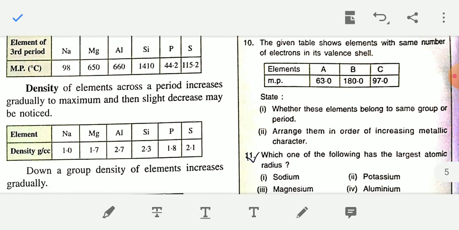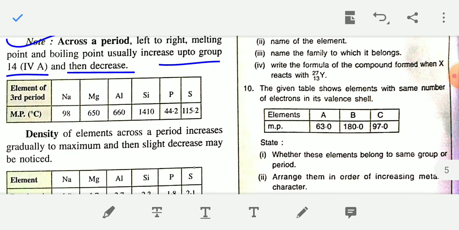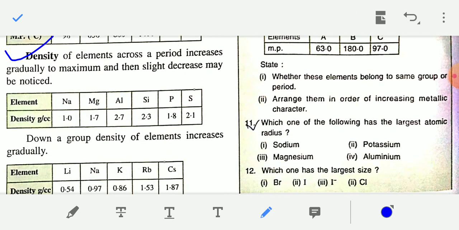These properties are not important: melting point, boiling point, density. Atomic size, metallic character, non-metallic character and chemical reactivity are important, and electronegativity and ionization energy are the most important periodic properties.